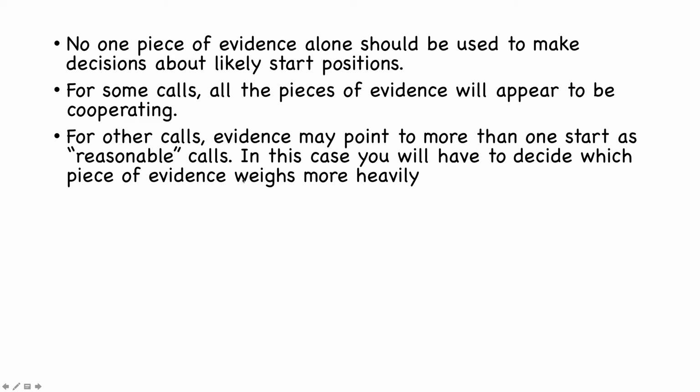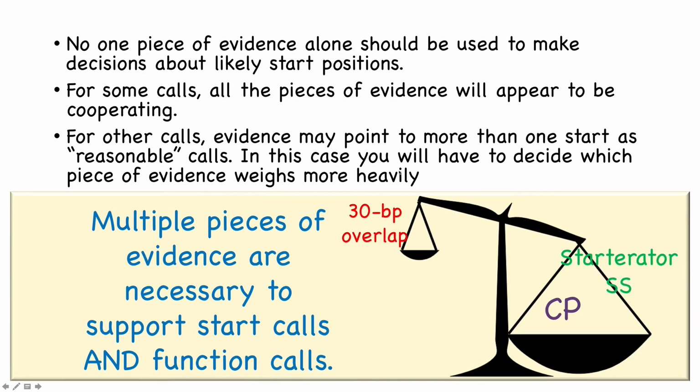We might have to weigh certain evidence over the other, and we'll look at these on a gene-to-gene basis. But the big message here is that you do need to look at multiple pieces of evidence in order to support your call, and this will also be true for making function calls, which we'll learn about later.